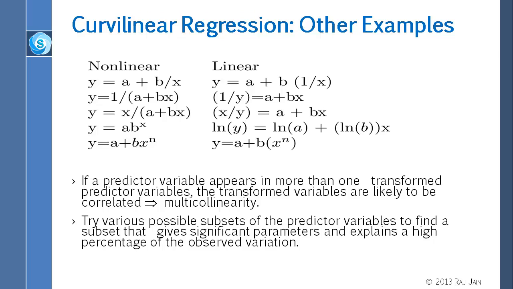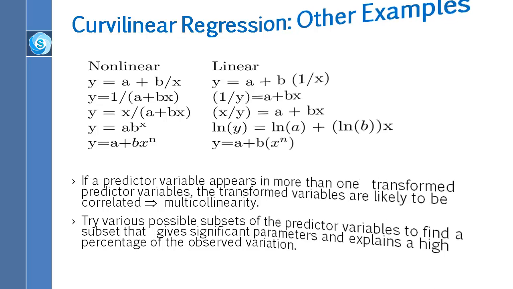If you get into those issues, then you will certainly get into multicollinearity, because now you have two predictors which are clearly correlated because they are different functions of the same thing. And then you have to find the subset that gives the best regression with the minimum number of parameters.